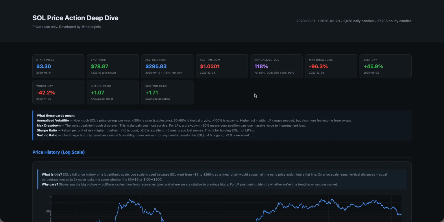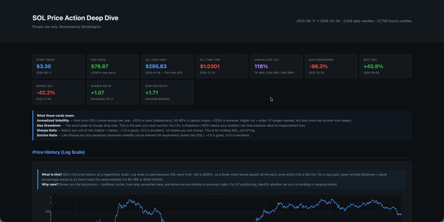The most important number here is the annualized volatility, which averages around 118%. This is a core number to understand because it tells you how much movement you can expect per year for Solana.